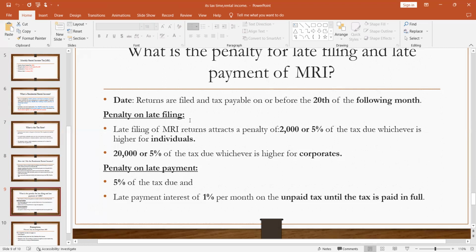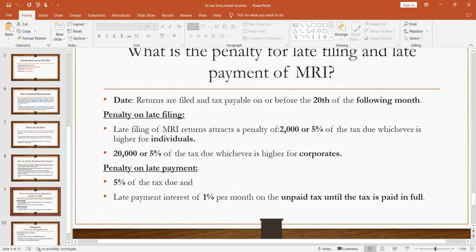That one is the penalty on late filing. We also have a penalty on late payment. What happens when you make a late payment? We have 5% of the tax due. And if you don't pay it, then remember, on a monthly basis there will be late payment interest of 1% per month on the unpaid tax until the tax is paid in full.